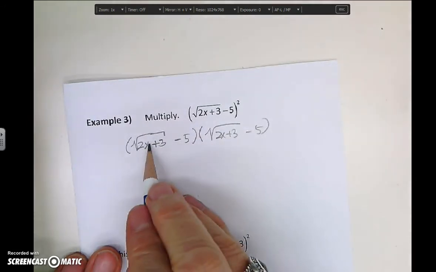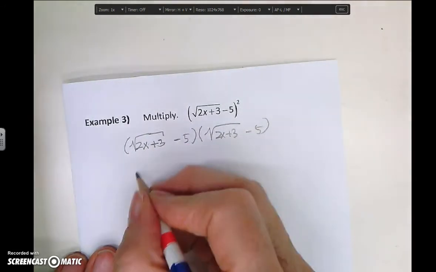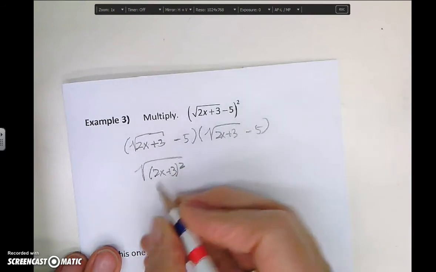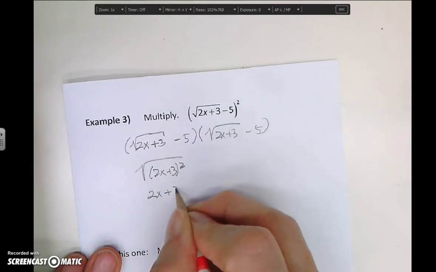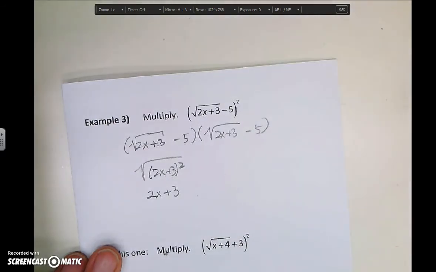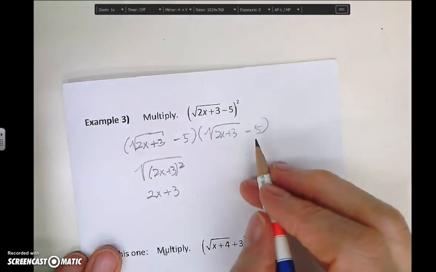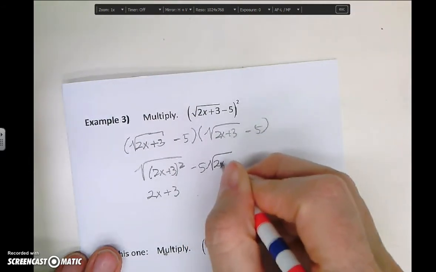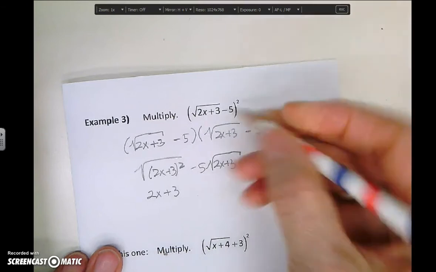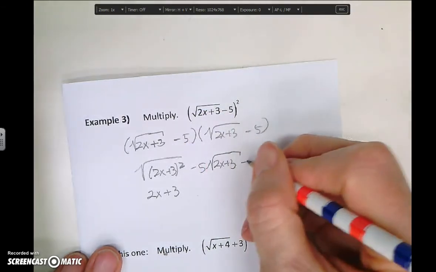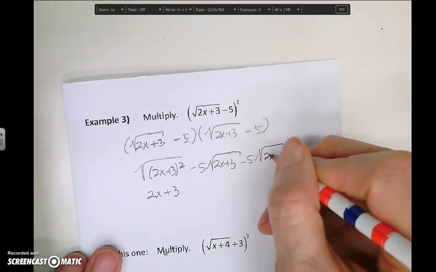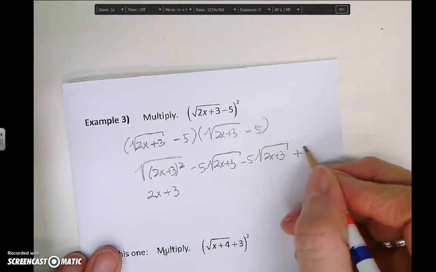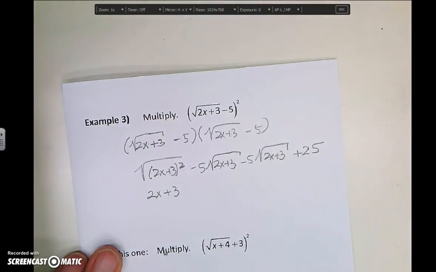So when I multiply radical times radical, and they're the same thing, I get the square root of 2x plus 3 squared, which is 2x plus 3. My outside is going to be a minus 5 radical 2x plus 3. And the inside here is going to be a minus 5 radical 2x plus 3. The negative 5 times negative 5 is plus 25.